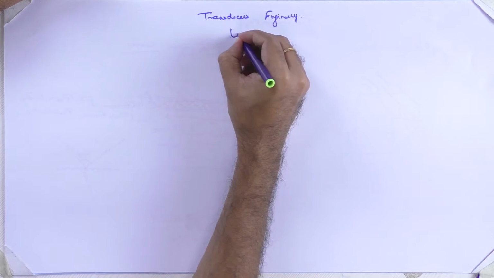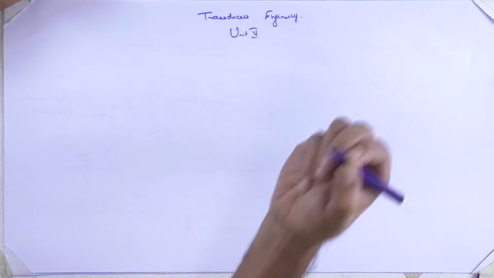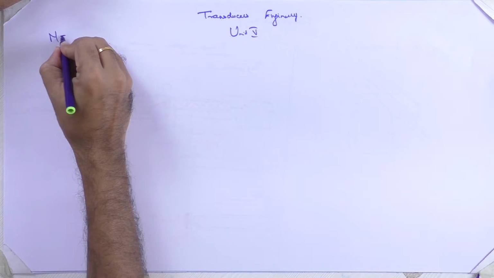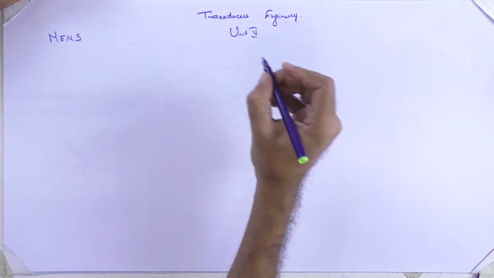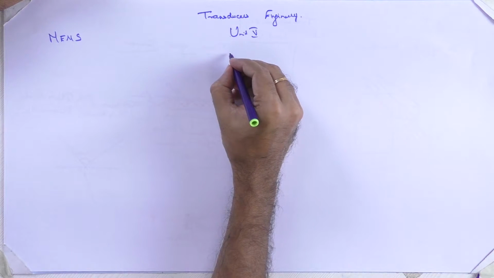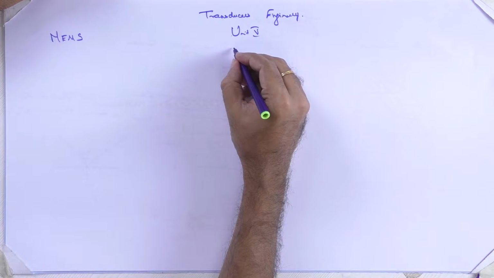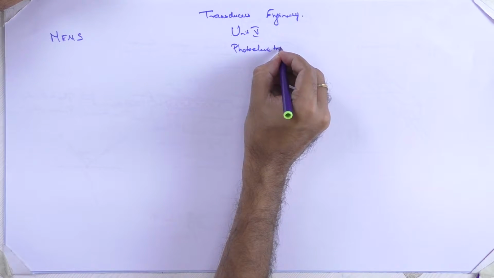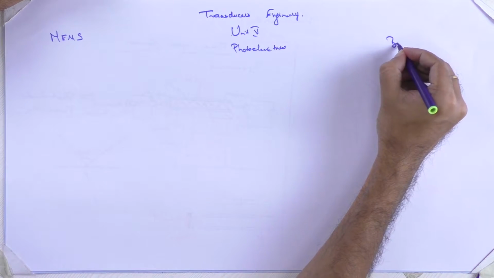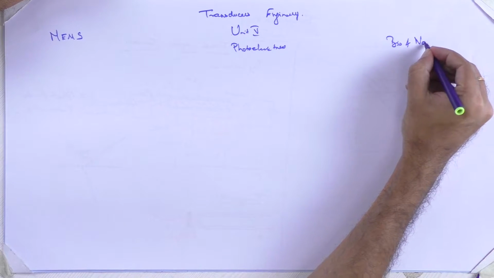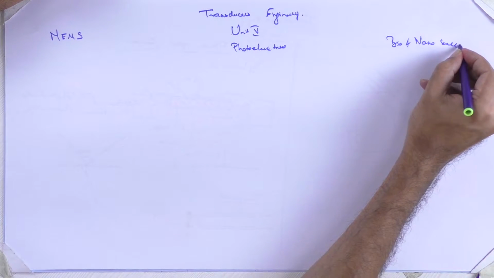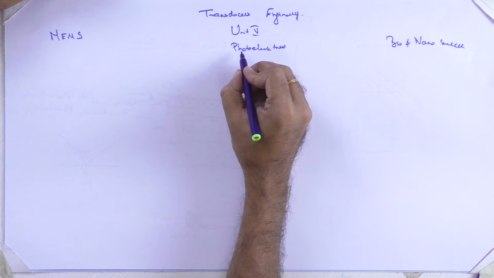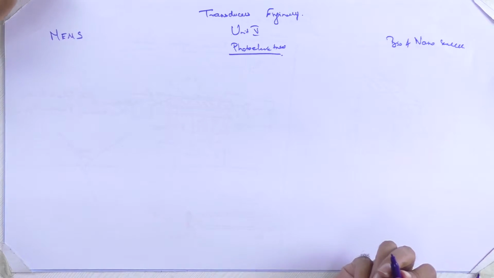We are in unit number 5 and we are left with just 3 topics: MEMS, photoelectric transducer, bio and nano sensors. First we will start with the photoelectric transducer, which you are very much used to.